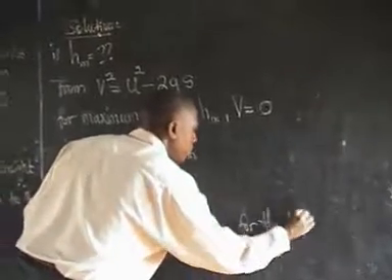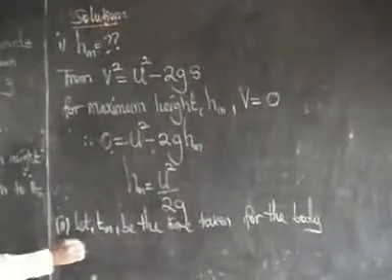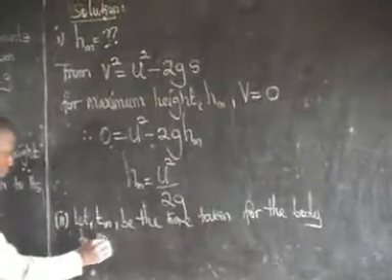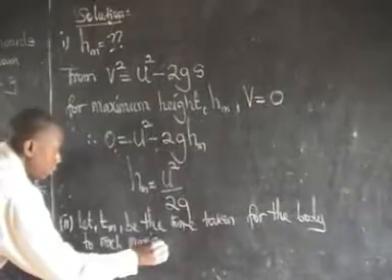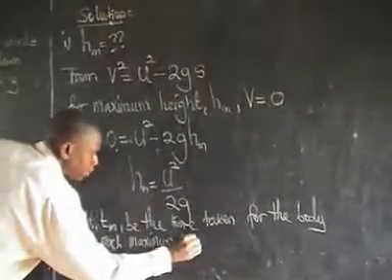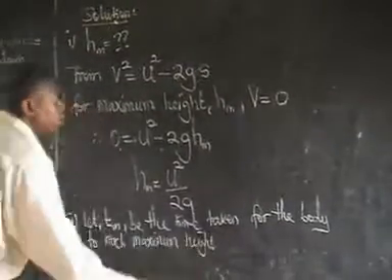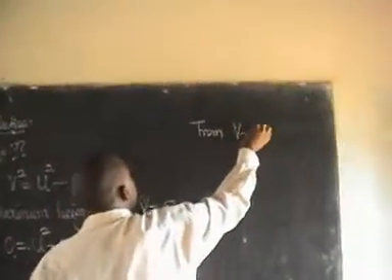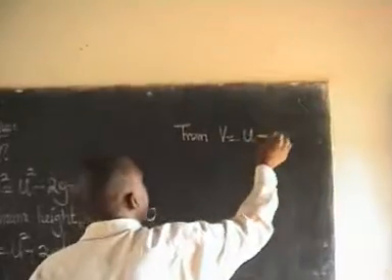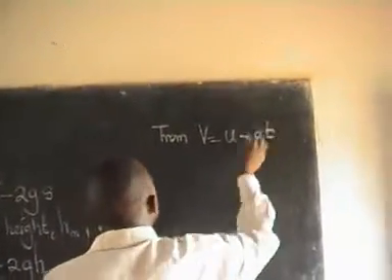For the body to reach maximum height, v equals u minus gt.